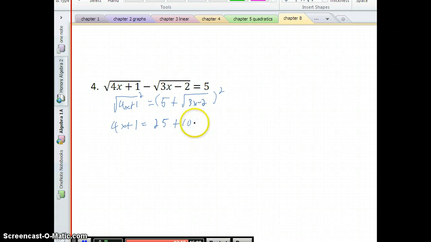It's going to square again, and then plus 3x minus 2. So again, we want to try to isolate. We get x. 25 minus 2. So we want to subtract 23 from both sides. And that gives us the 10 square root of 3x minus 2.